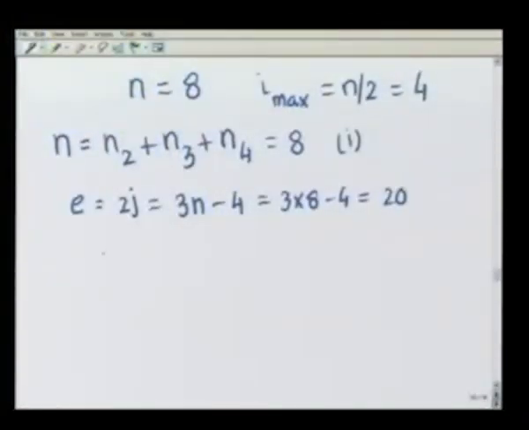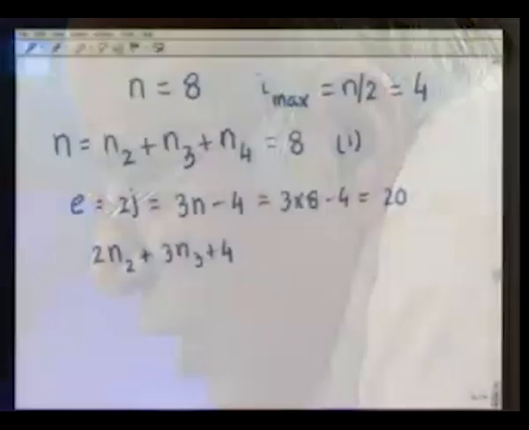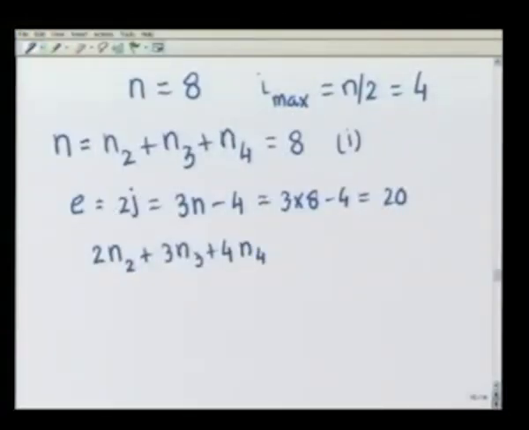Now, counting the number of elements from the viewpoint of links, we can write 2n2 plus 3n3 plus 4n4 is also equal to 20, because this is also equal to the number of elements. So, this is our second equation.